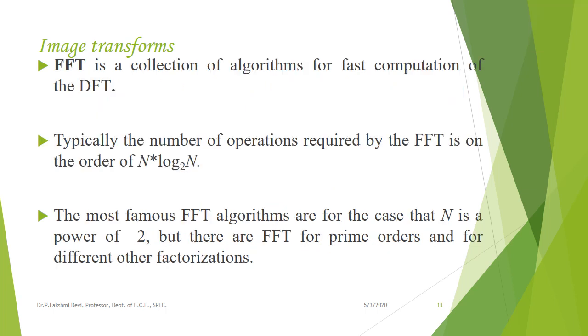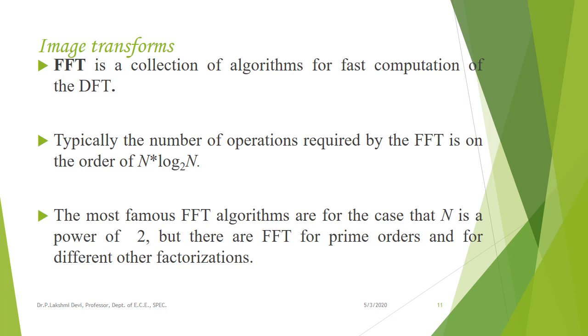Then the FFT, after the DFT. We are observing the FFT because it gives fast computation. FFT is a collection of algorithms for fast computation of the DFT. Typically, the number of operations required by the FFT is on the order of N log N base 2.